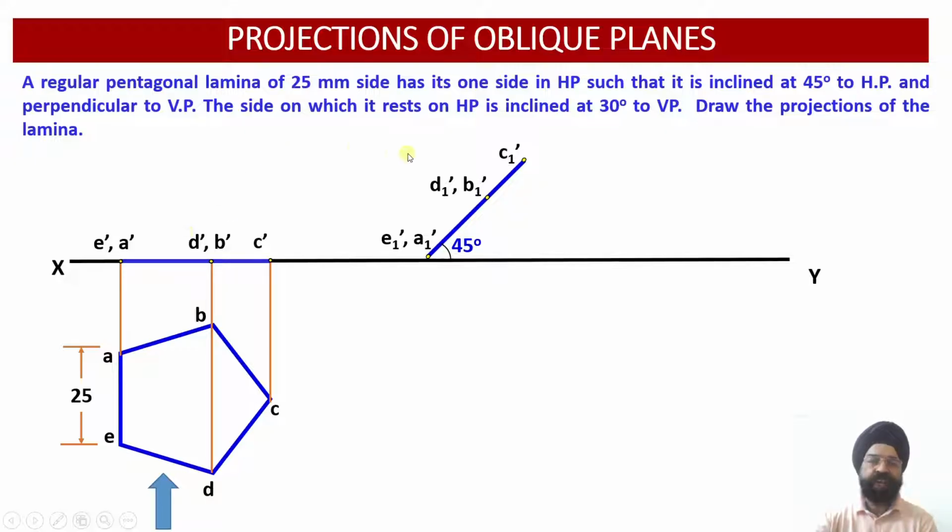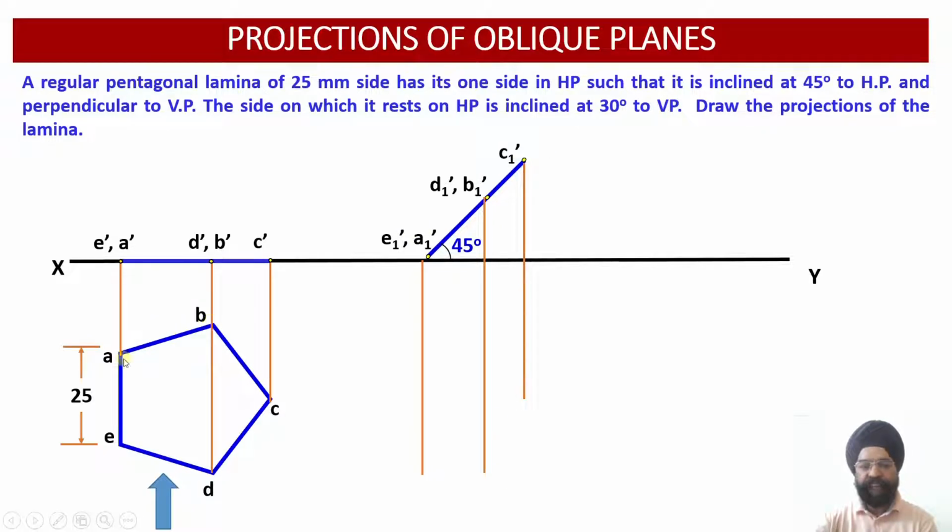Having rotated or translated the edge view from position number 2 to position number 3, now we need to draw view number 4, that is, the projections which will be obtained on the horizontal plane after the first inclination. We are going to draw projectors downwards from all these 5 points. Similarly, from the 5 points of the plan, we draw the projectors horizontally.